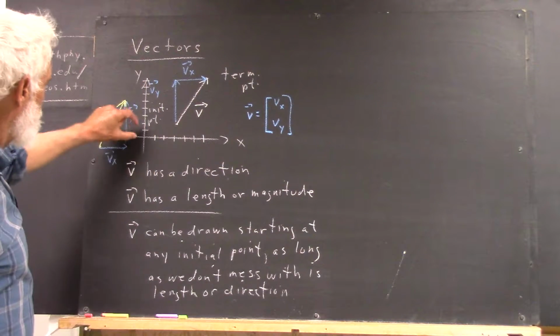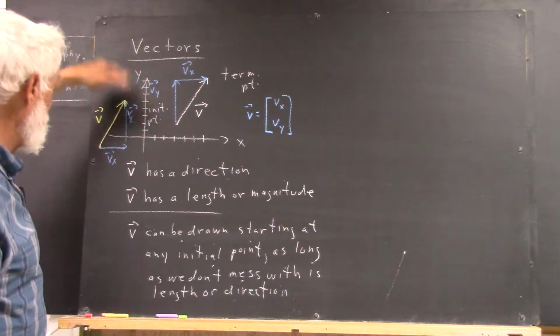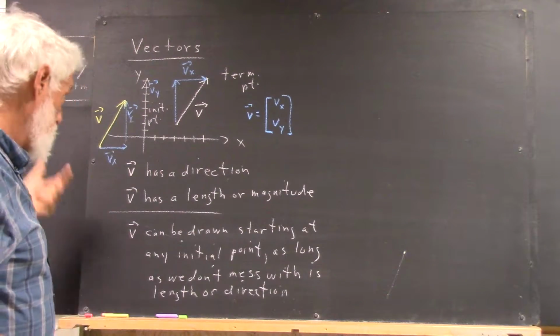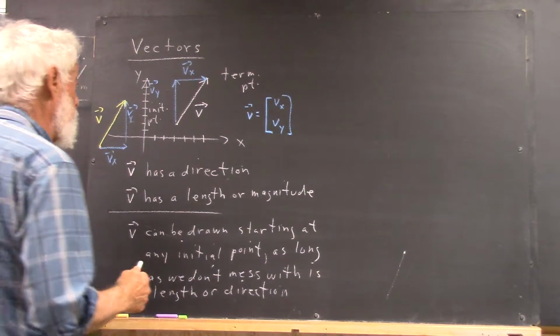And really I should have the same scale on the y as on the x if I want these vectors to look right, and I kind of didn't do that, but you could redraw this with a good scale, okay?